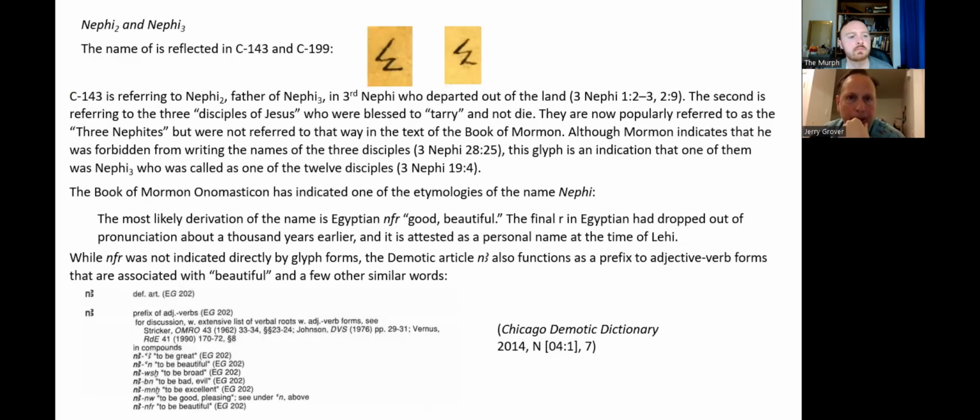So then we have the name Nephi, and there are two of them, Nephi 2 and 3. I'm kind of amazed that all these names are in the characters document, because it's just a few lines, but all of these names are being referenced. One reason is, as I mentioned, it's a prophetic calendar.